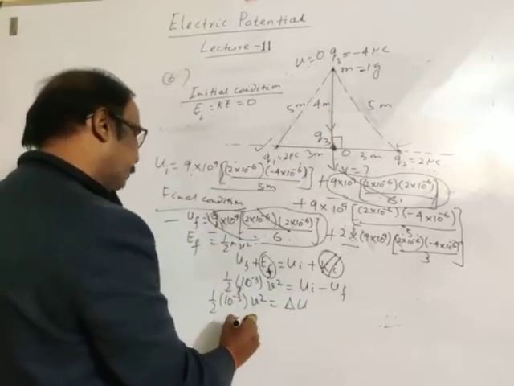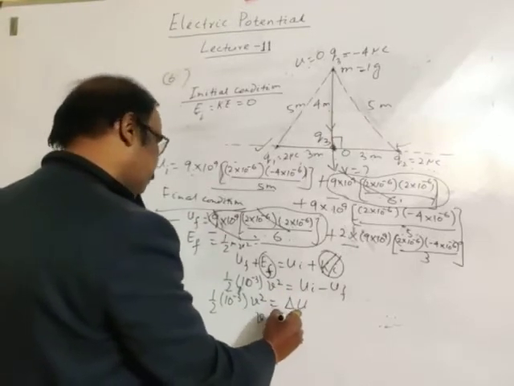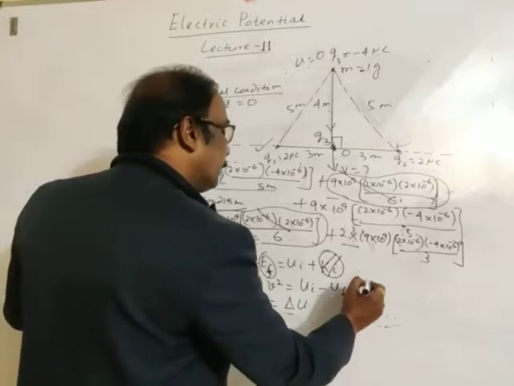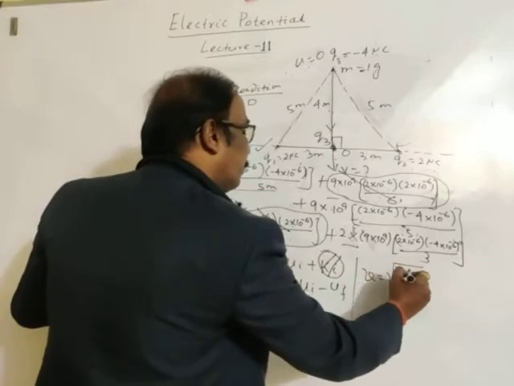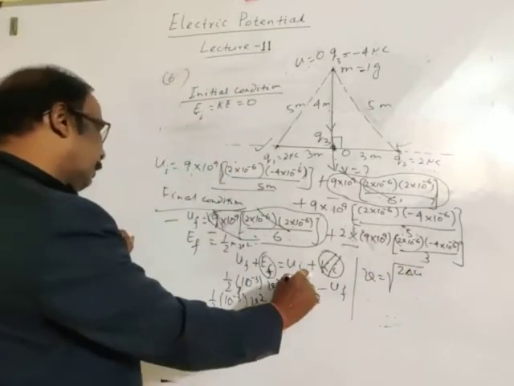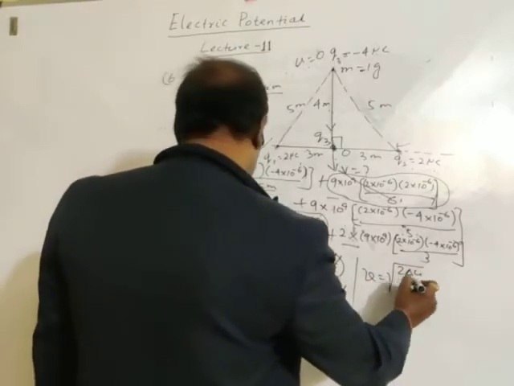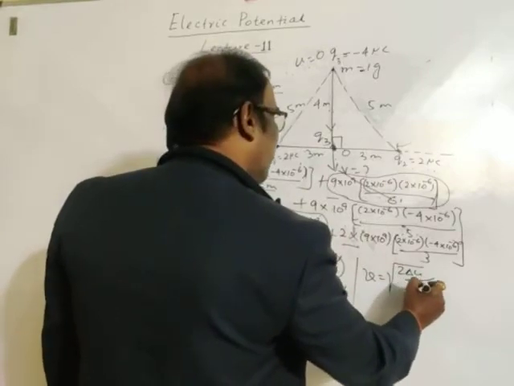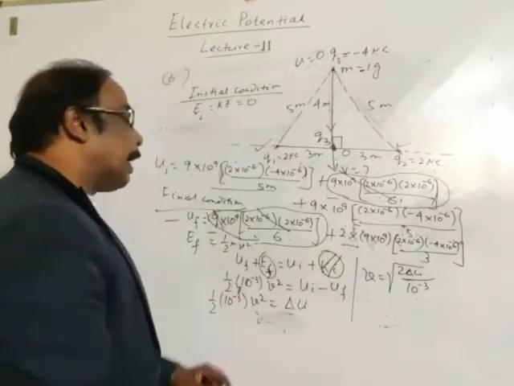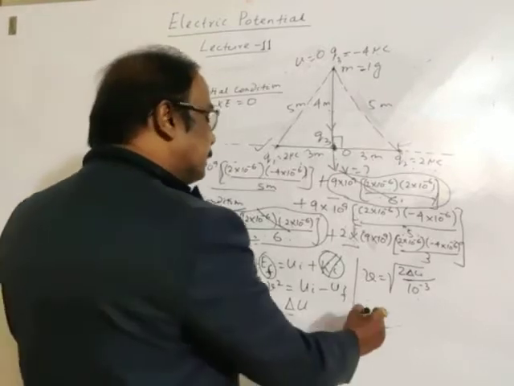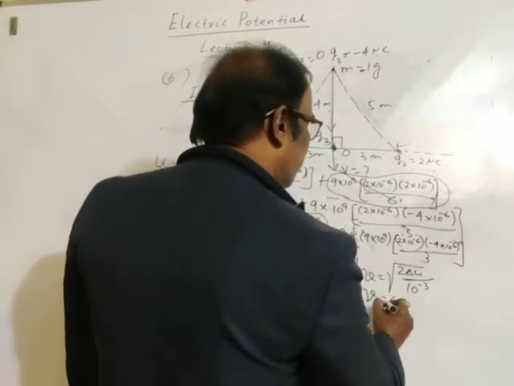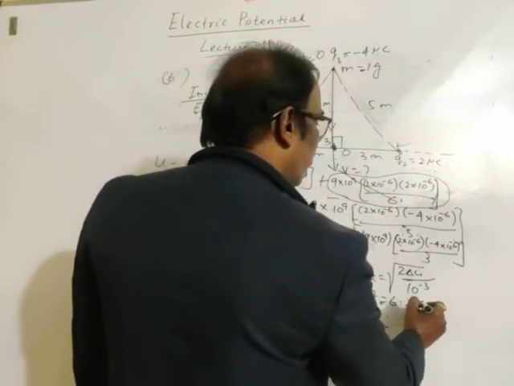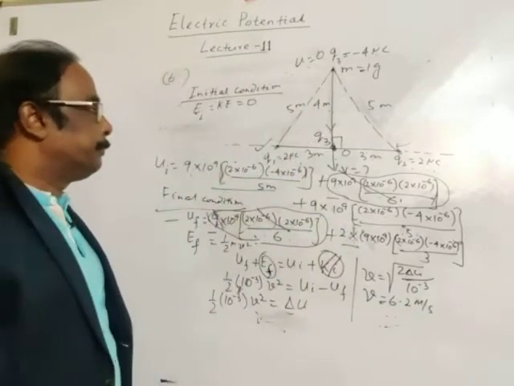This is delta U. Then V, final velocity, is equal to square root of 2 delta U divided by 10 to the power minus 3. This is mass of the charged particle. Then solving, you will get V is equal to 6.2 meter per second, okay.